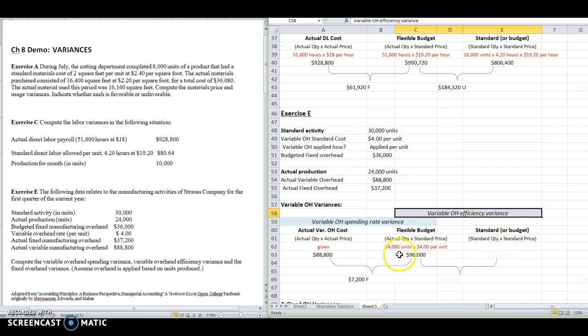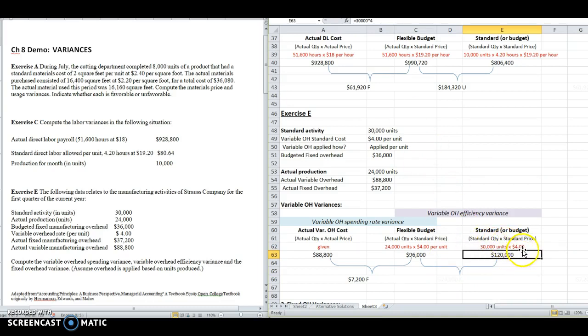For my variable overhead efficiency variance, I want to look at flexible budget versus the standard. My flexible budget is based on the actual quantity. In this case, overhead is applied based on units, so we're using 24,000 units. Since overhead is applied based on units, my standard quantity is going to be the standard activity of 30,000 units times the $4. So this is going to tell me when I applied the overhead, how did I do it?